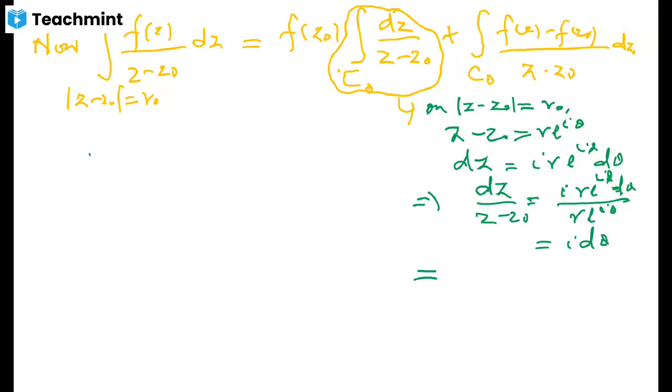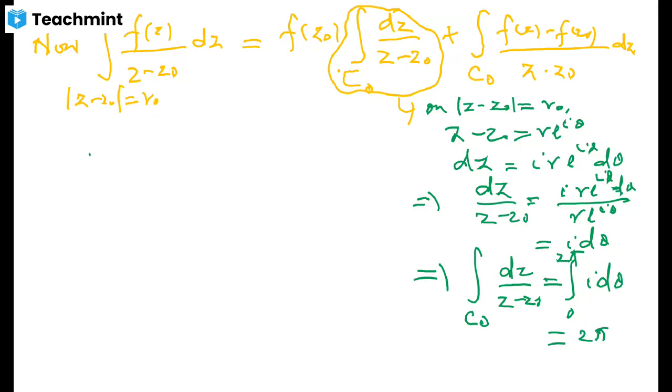With the polar representation, theta ranges from 0 to 2 pi over the circle. It is i d theta, and the value that is left is 2 pi i. So the value of this integral is 2 pi i. That means I can write this integral to be equal to 2 pi i times f at z naught.